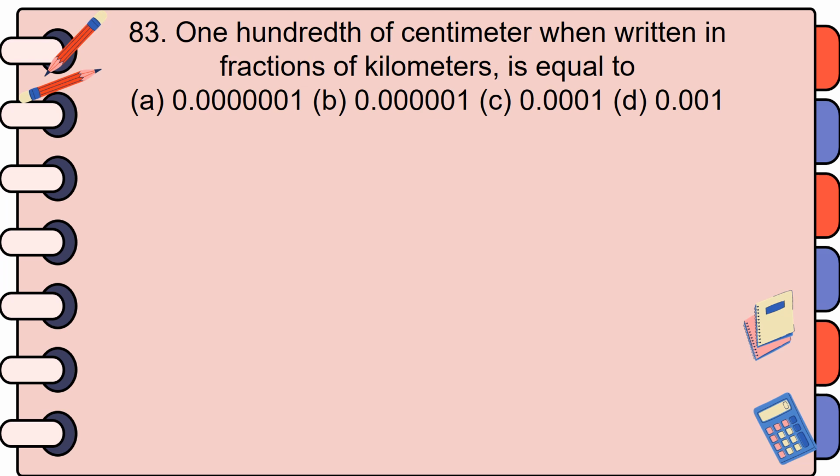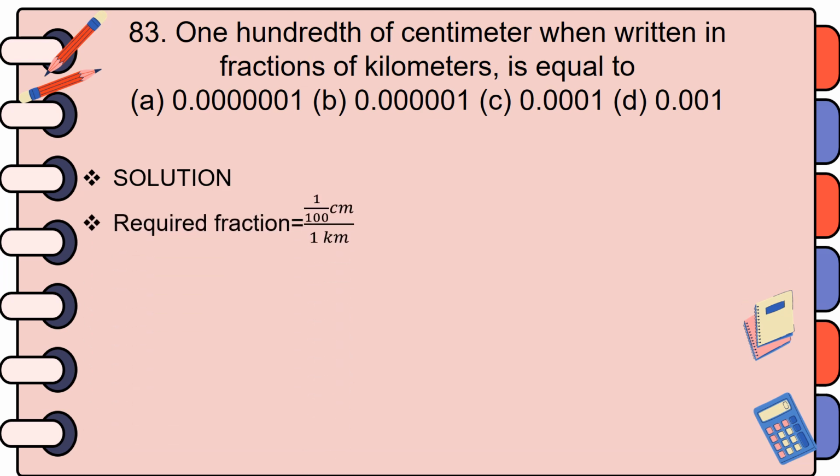Try it on your own, and let me show you how to get the answer. What is required is to express 1/100 of a centimeter in kilometers. That means 1 over 100 centimeter over 1 kilometer. This is the fraction form.